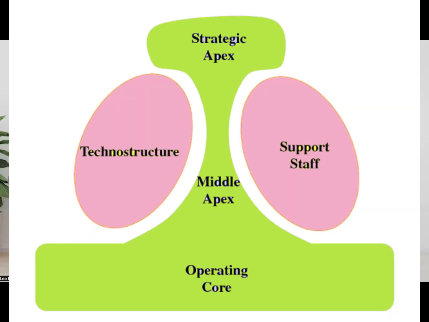The next basic part is the technostructure. The technostructure is where the analysts and their supporting staff are located. They do not work in the operation, but they are the ones who affect the work of others.